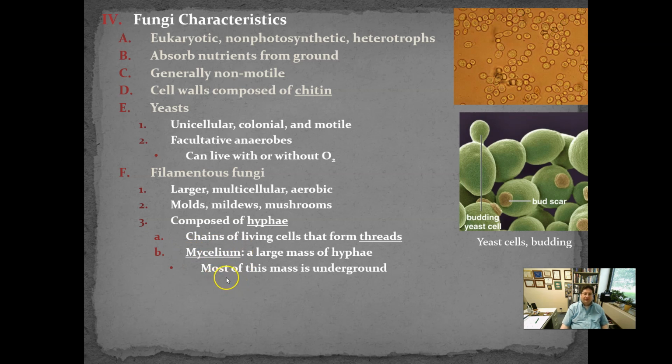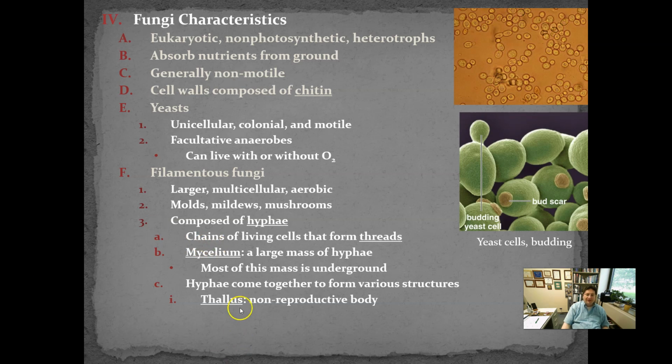Now, most of these threads, these hyphae and mycelia, are underground. During certain times of the year, hyphae strands come together to form structures. They might form what's called a thallus, which is a non-reproductive body.